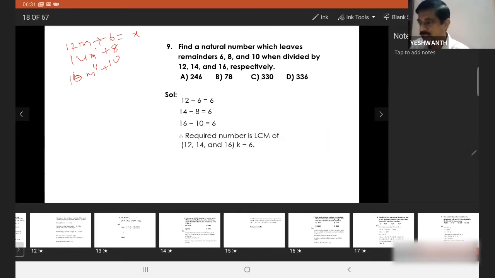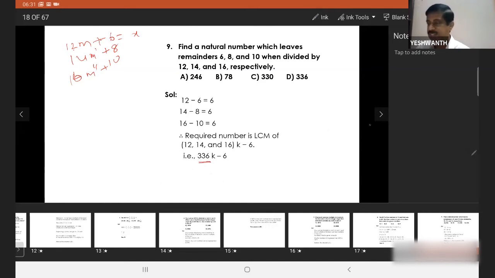So now, if you want the number, we should take the LCM of 12, 14, 16 and multiply by a constant, minus, because this common remainder is 6. So minus 6. If you take the LCM of 12, 14, 16, it will be 336.